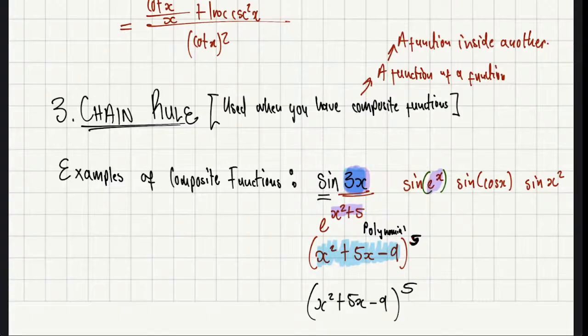Look, they are now taking our nice polynomial. Make no mistake, this is the polynomial, the algebraic. But once you put another power outside, it now becomes composite. So we must use the chain rule. We must not ever use anything else. We'll be in serious trouble.